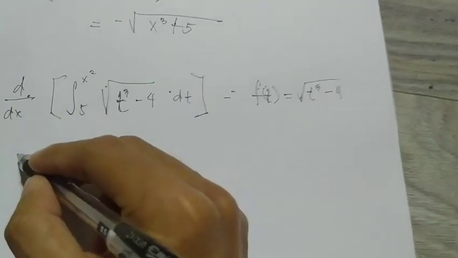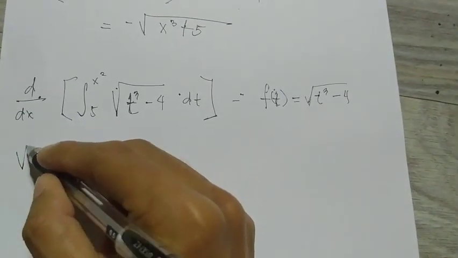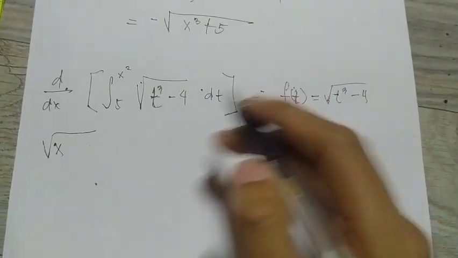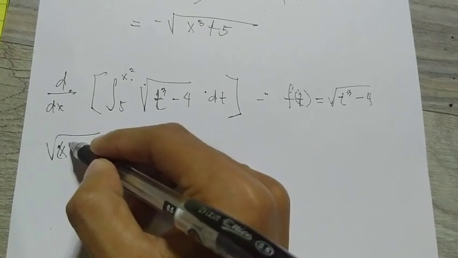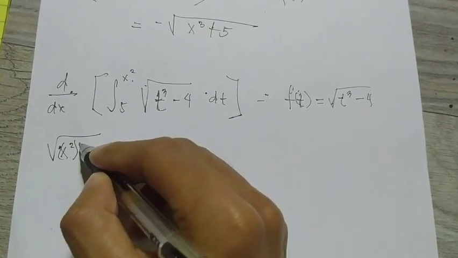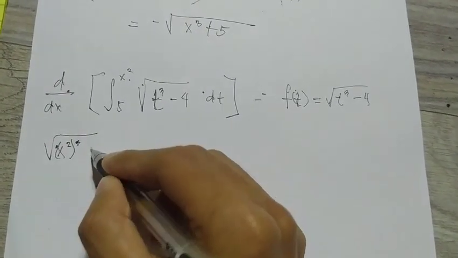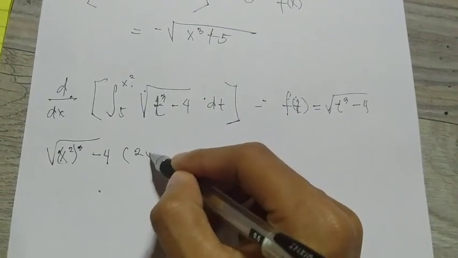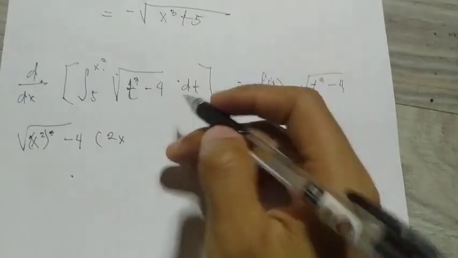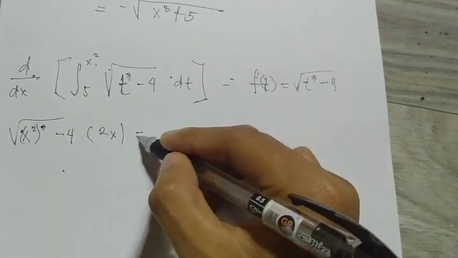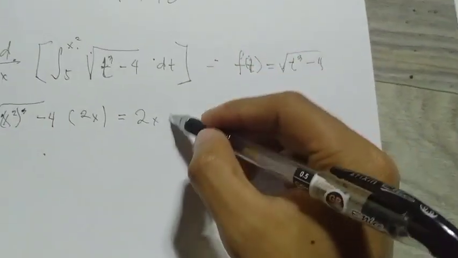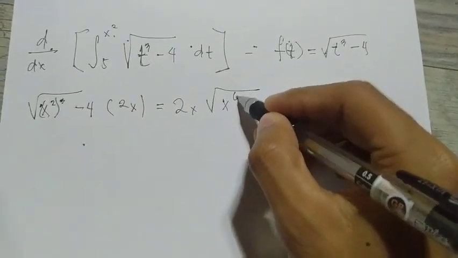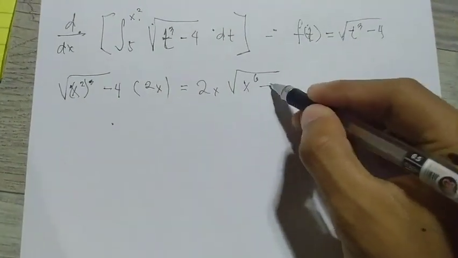So x squared raised to the power of 3 minus 4, times the derivative of x squared, which is 2x, equals 2x times the square root of x raised to the power of 6 minus 4.